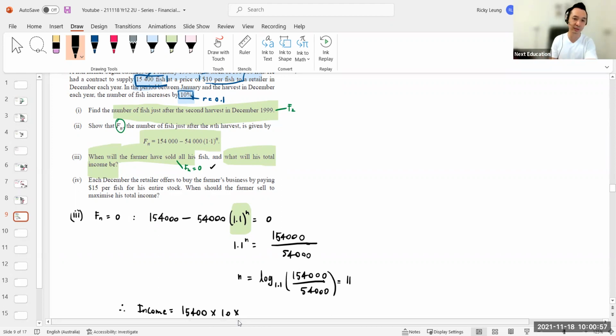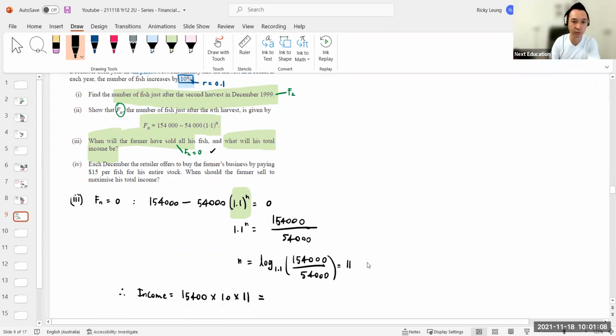We just found that he sells it like this for 11 years. So if you multiply the number of fish by the cost by 11 in this case, you get the total income, and once again, you guys punch this in, 1,694,000. So 1.694 million.